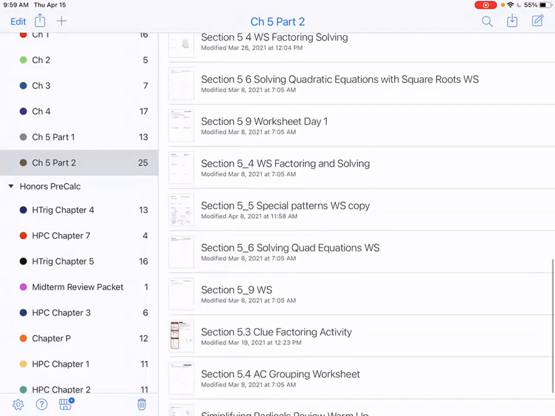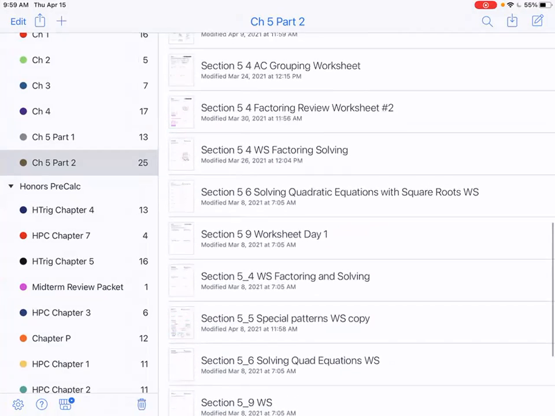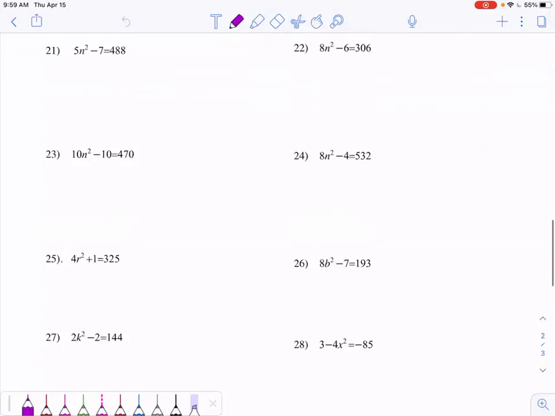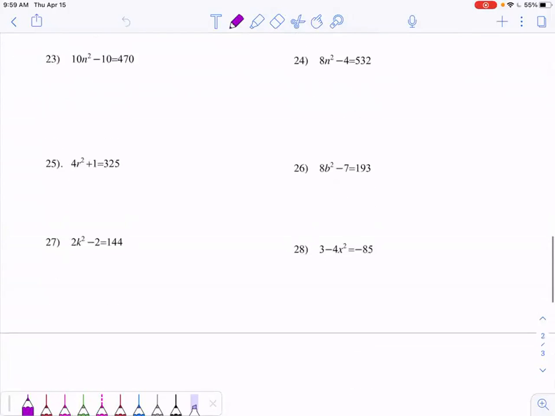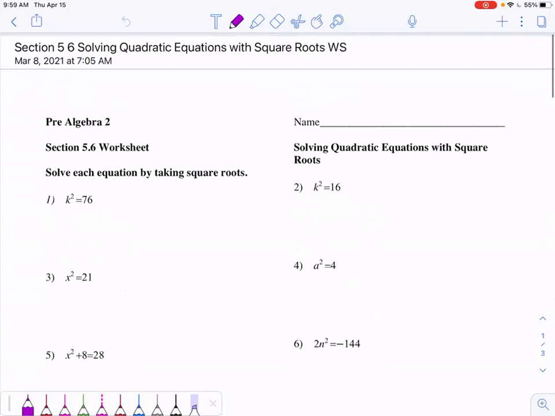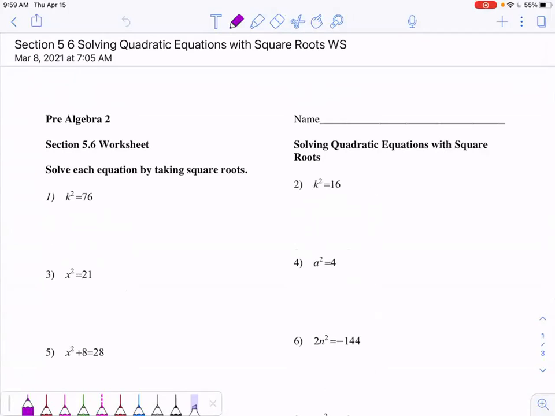Here it is. So you can decide if you want to do evens or odds. I'll let you pick. I'll do even Stevens. So Mr. King said we're doing the even.